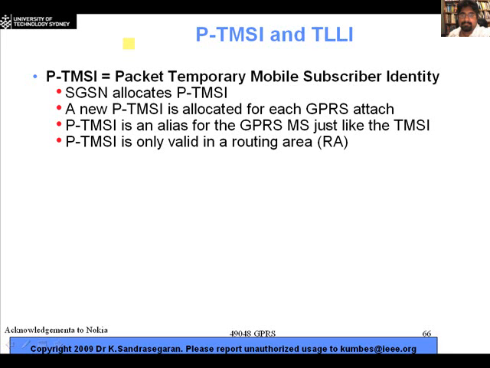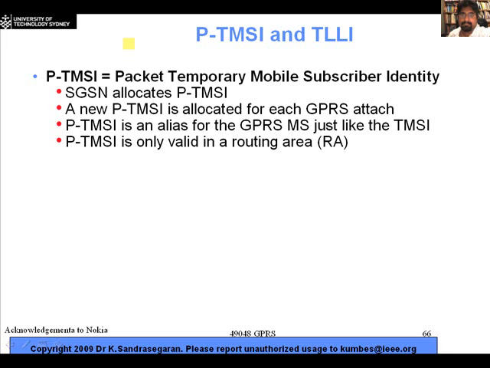Now in GPRS, the equivalent of that is the packet TMSI, or PTMSI. The SGSN allocates the PTMSI, and every time you do an attach, you are allocated a PTMSI.